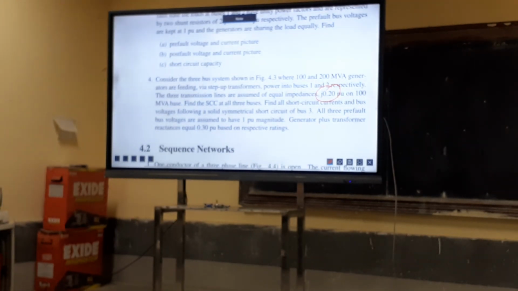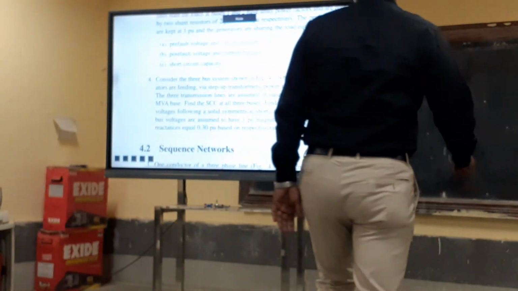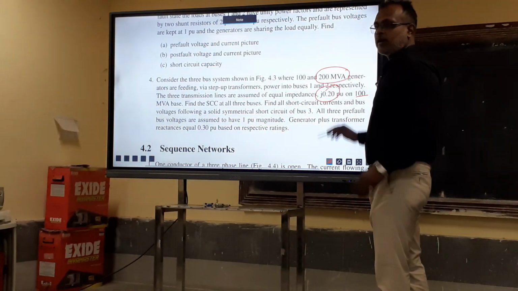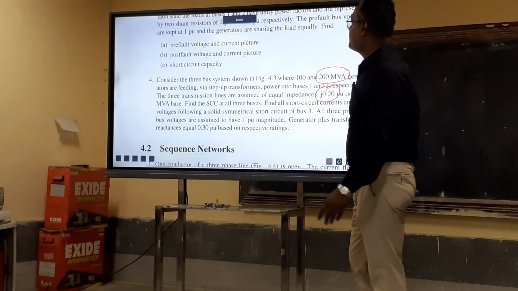The line impedance is J0.2 per unit. How did we get J0.1? This was given on 100 MVA base, but since here the highest generator is 200 MVA, we have to convert that to 200 MVA base.